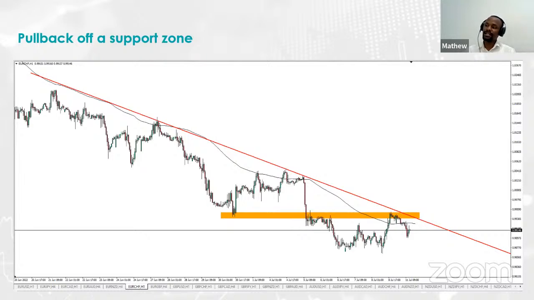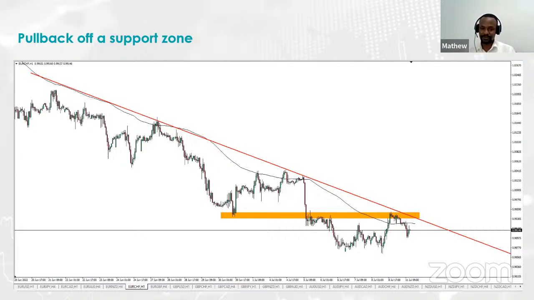We have a downtrend based on that trend line, which has been holding like 1, 2, 3, 4 times, and then we have a moving average still showing the downtrend, and still we have that support which turned into resistance, and the price has really pulled back off that support zone like 2 times, and both of them have given 2 very good entries.